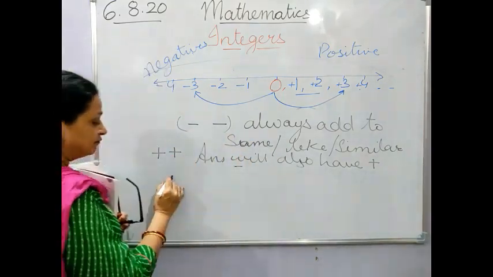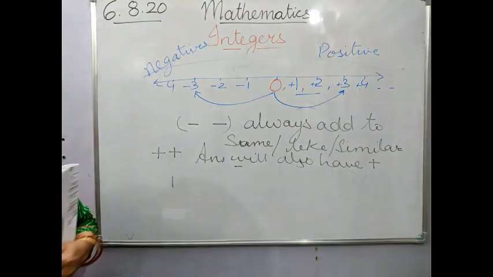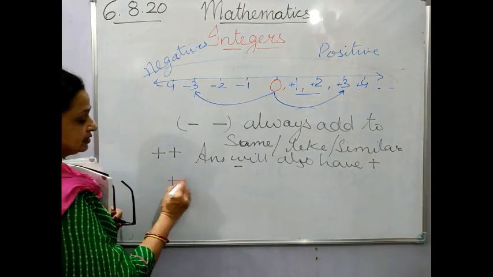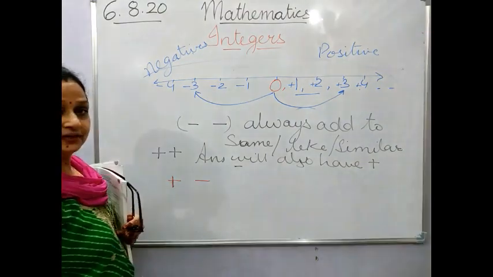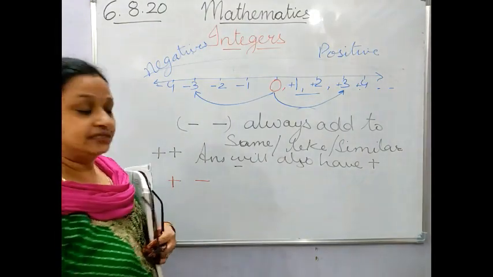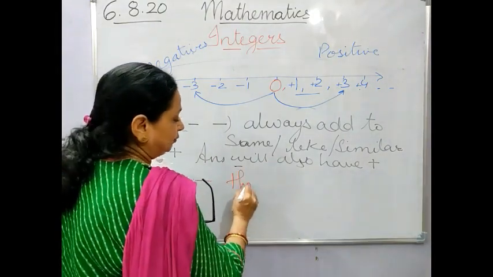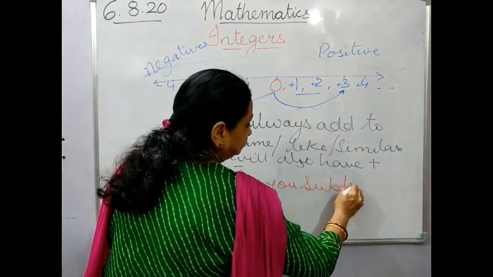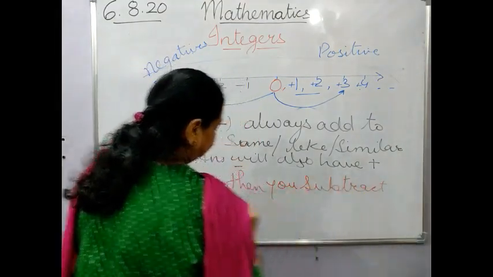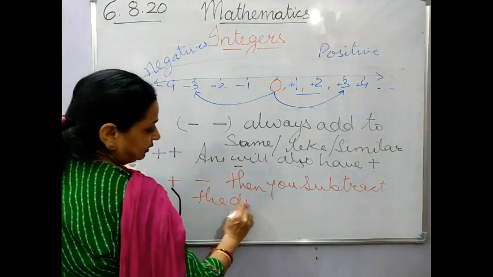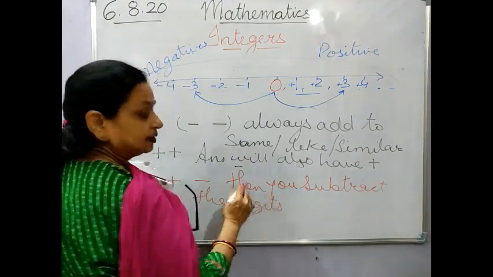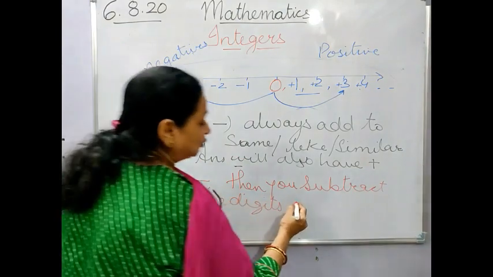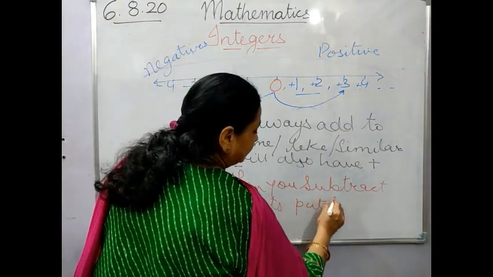But if one sign is positive and the other one is negative, then you subtract the digits. Subtract the smaller from the bigger and put the sign of the bigger value.